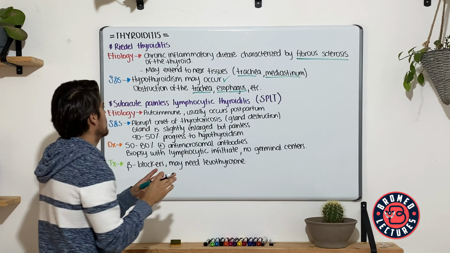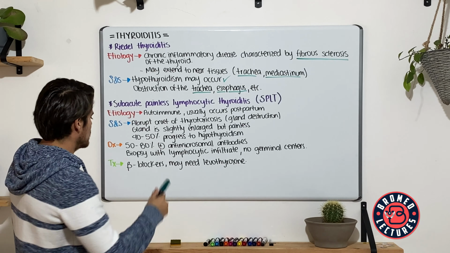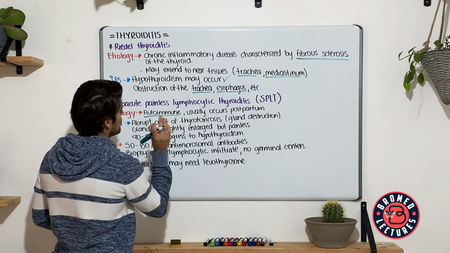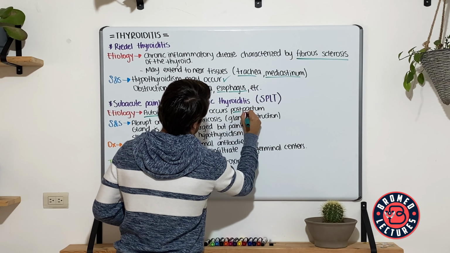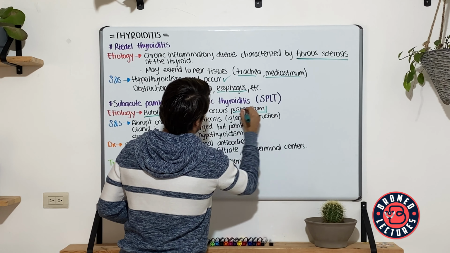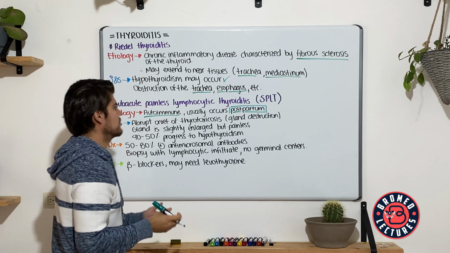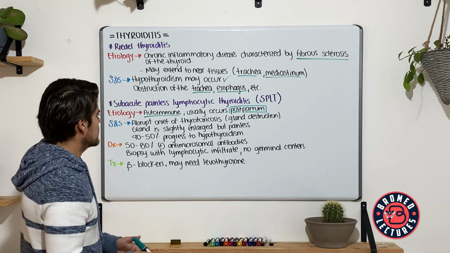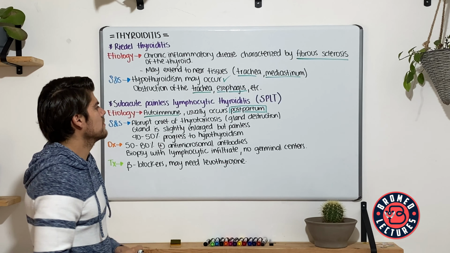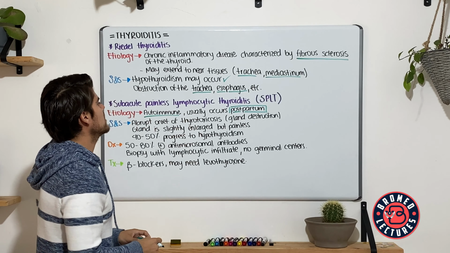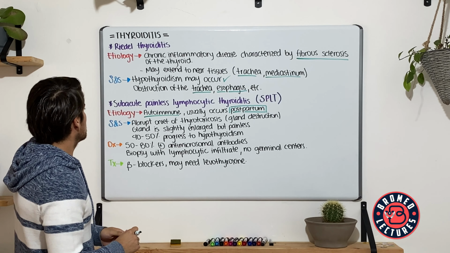Now, for the subacute painless lymphocytic thyroiditis, the etiology is usually an autoimmune condition, but it usually occurs in postpartum patients. So we don't know exactly what causes it. It can be related to the pregnancy itself or a viral infection. It is also not well elucidated, but it most commonly occurs in patients after being pregnant.